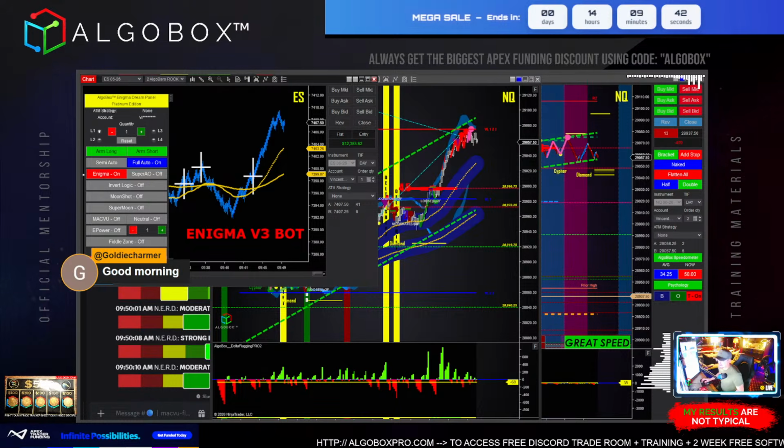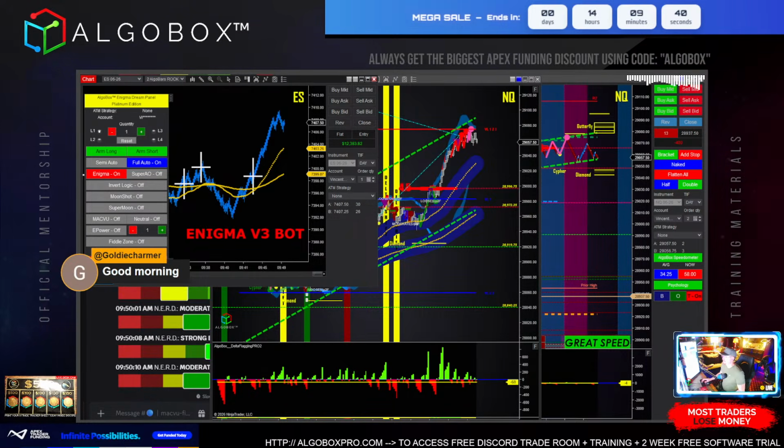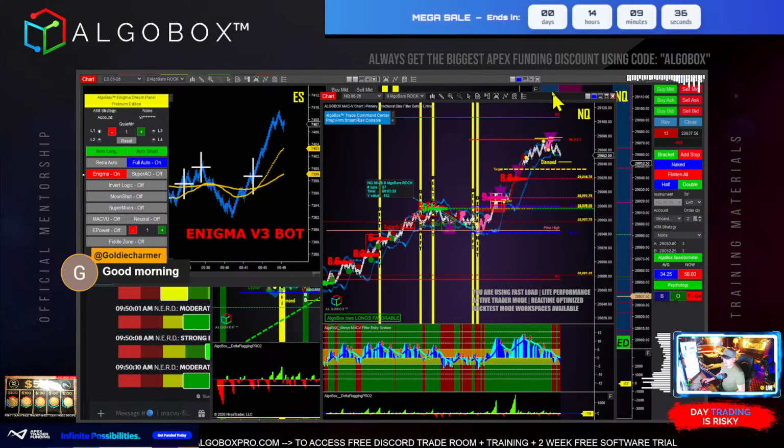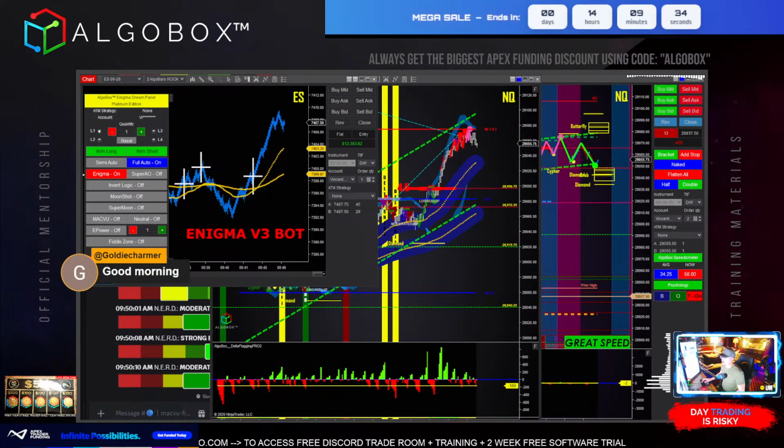Is it gonna? University of Michigan Central Prelim forecast 49. Oh, we're gonna turn. There are several things telling us we might turn here, but the thing could just continue to run at this point.